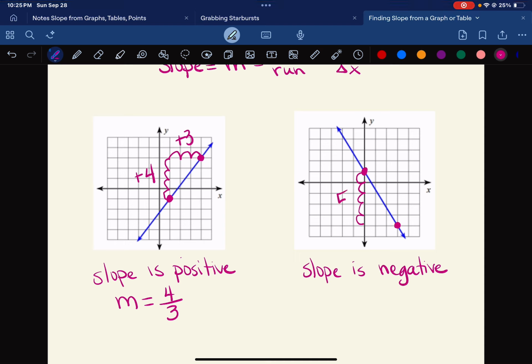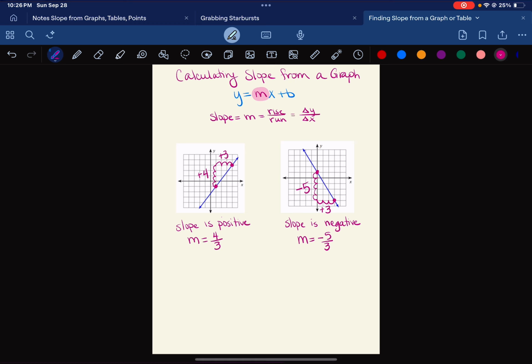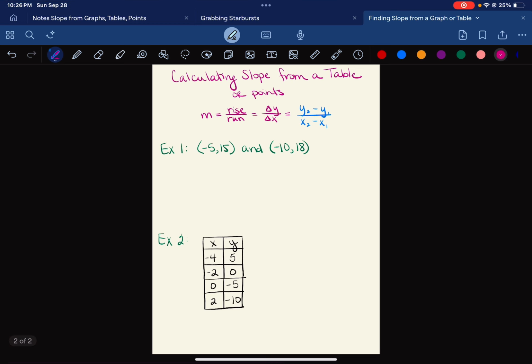So because we were moving down, that's going to be a -5. And then we move to the right, 1, 2, 3. And because we move to the right, that's a positive 3. So for this next graph, our slope is going to equal -5/3.